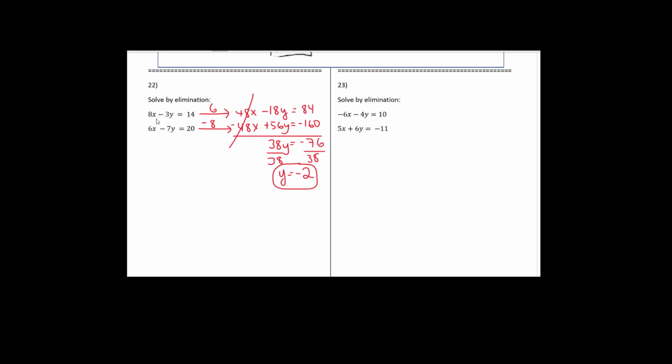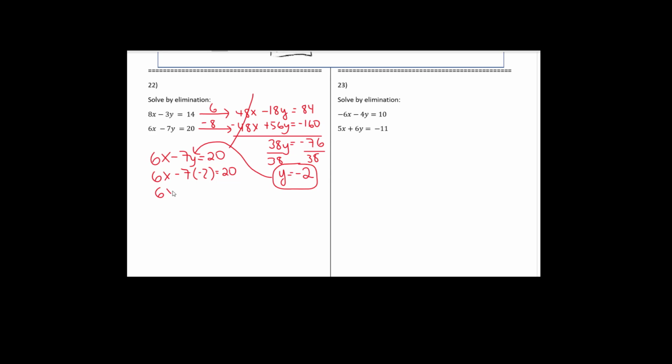With that, we just pick one of these equations. So let's say I pick the bottom one. So this would be 6x minus 7y equals 20. We bring down the y over here. So this would be 6x minus 7 times negative 2 equals 20.